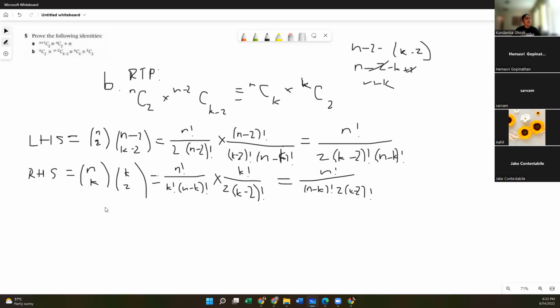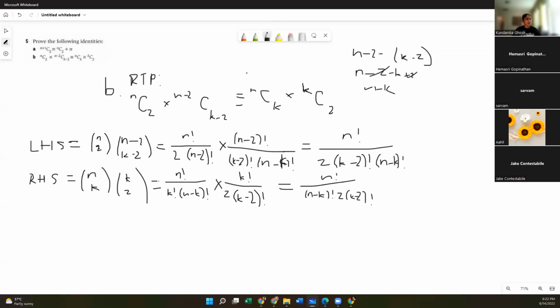Over here, I'm just going to write my left-hand side, which is n factorial over 2 times k minus 2 factorial times n minus k factorial is equivalent, or really, if you want, you can go straight to identical, but we haven't completely shown that they're identical yet.